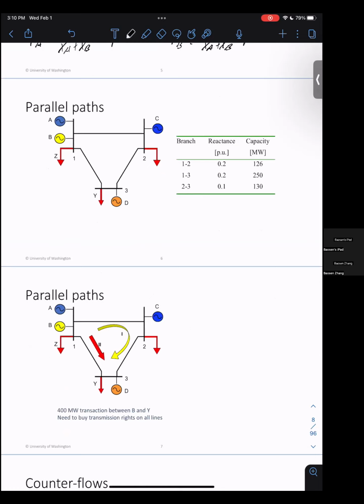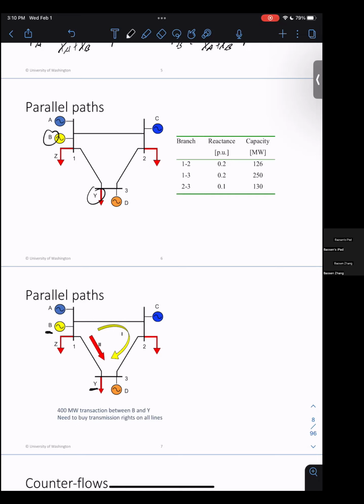So the key thing to remember is, let's say you have B, and you want to send power to Y. Let's say you want to send from generator B to load Y, maybe because B is the cheapest generator and Y wants to buy some power. Anytime you send power along this line, some power has to go here.